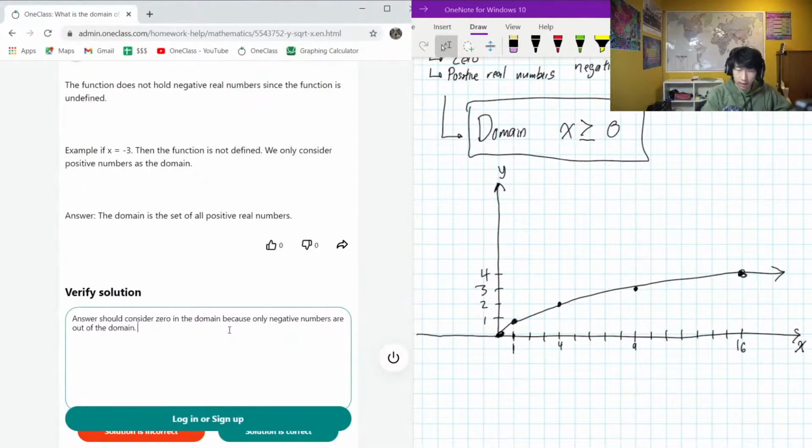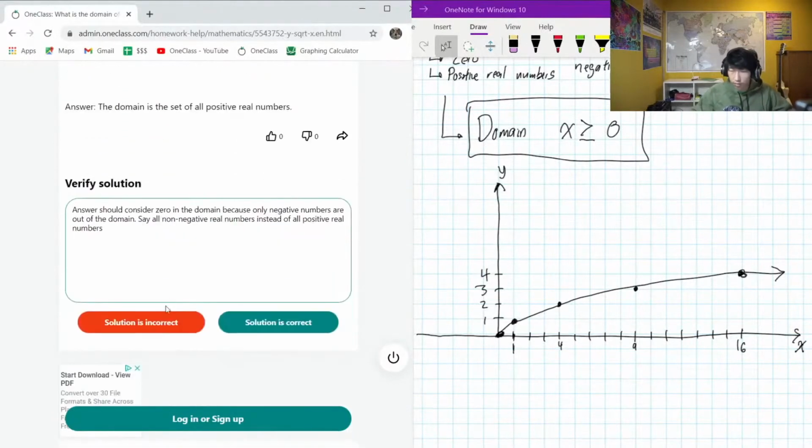Say all negative real numbers instead of all positive real numbers. Cool.